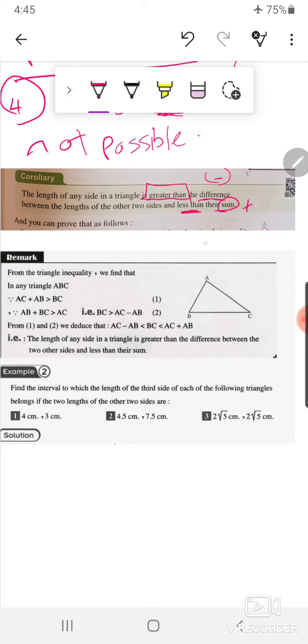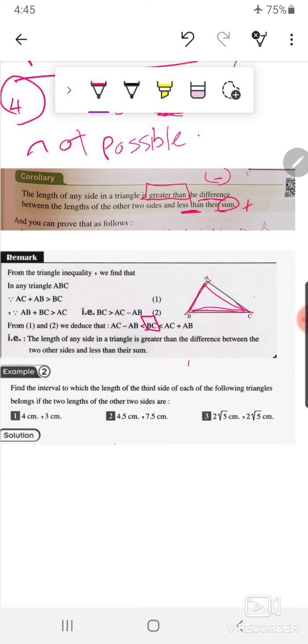First of all, in any triangle like this, which is A, B, C, did you see this triangle? If I make the difference, which is AC minus AB, and I make the sum also, which is AC plus AB, and in the middle, which is BC.